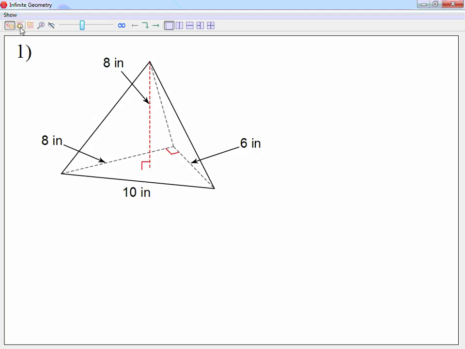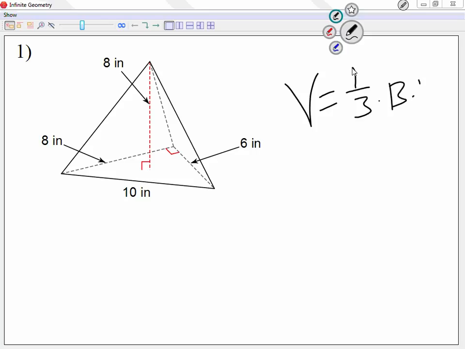For space, let me take the instructions away. So volume of a pyramid is one third times base times height. One third is just one third. For those of you using calculators, one third is 1 divided by 3. Don't just write 0.33. You will have to put all the 3s.